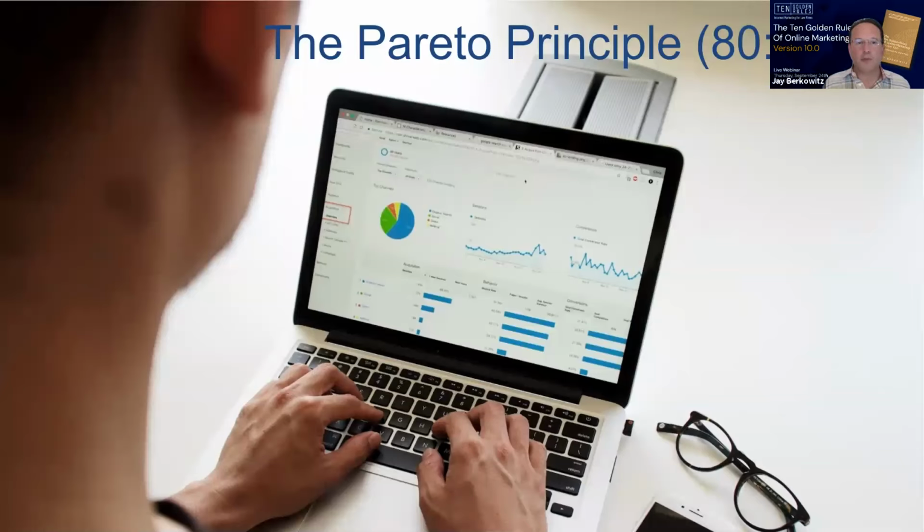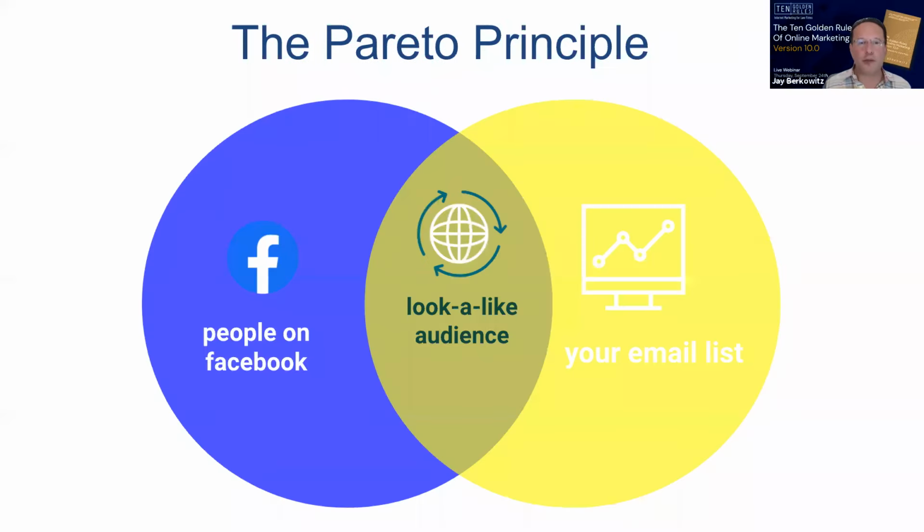So the Pareto principle is, how can we figure out who those people are and how can we directly market to those people? And Facebook and Google have this product called custom audiences. What we can do is match all the people on Facebook with our email list to create what's called a custom audience. You can do the same thing with Google.